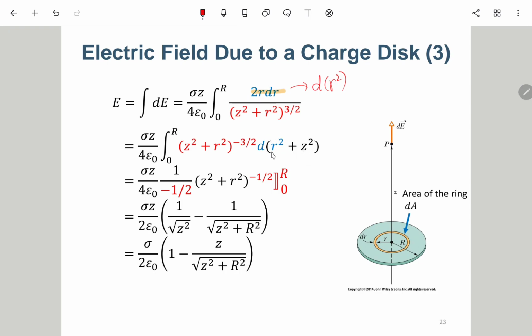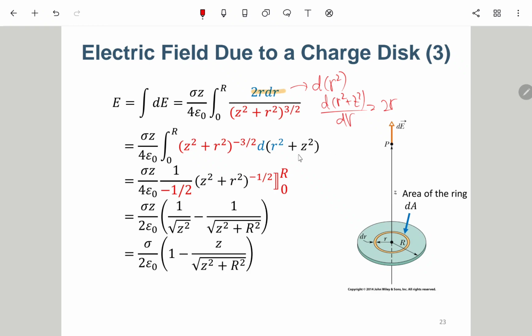If you are not familiar with this kind of change of variable, you can consider d(r squared plus z squared). For the first term, the derivative of r squared is 2r, and z is a constant with respect to r, so plus 0. Then you can just multiply this dr to the right side, so this thing is 2r dr.